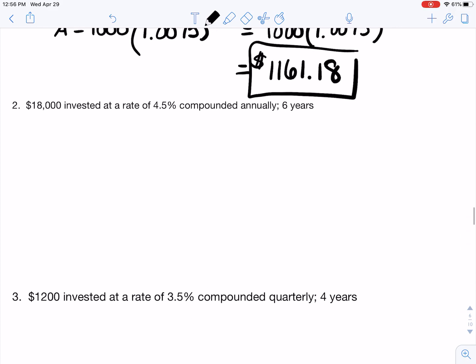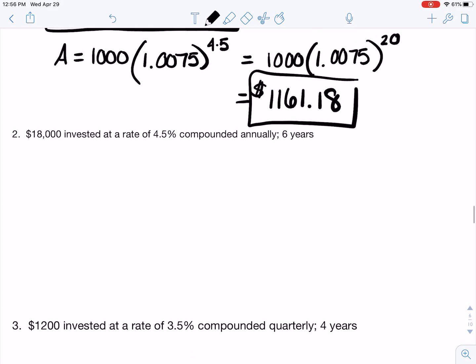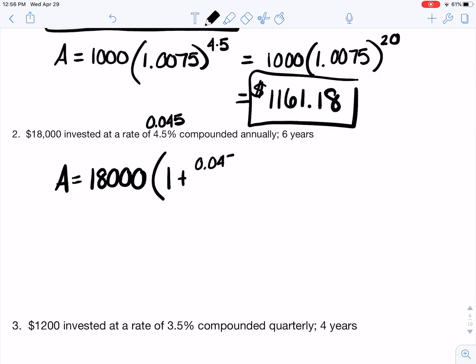Okay, next one. Now we start off with more money, so the interest is going to end up being more money when we're done. Okay, so it's 18,000 times 1 plus 4.5%, which is 0.045. Don't go rounding anything here. Don't do anything to the hundredths. Include the decimals here. You're not going to have things that go out and are repeating.